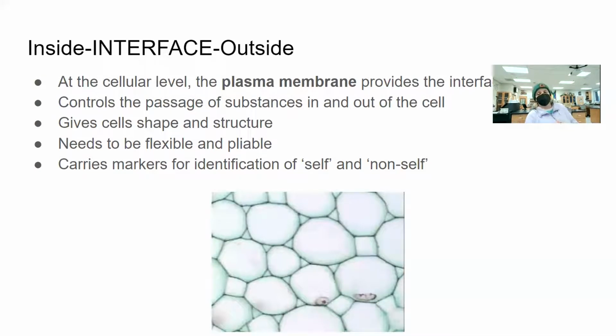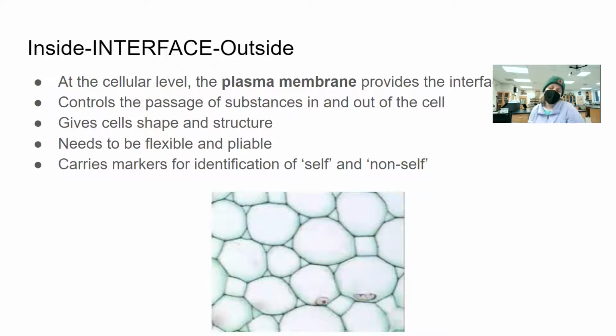Like our red blood cells have to be able to squeeze down to fit through our capillaries because that's such a small space. So that plasma membrane has to be flexible and pliable enough that it can change its shape, so that it can perform its function.